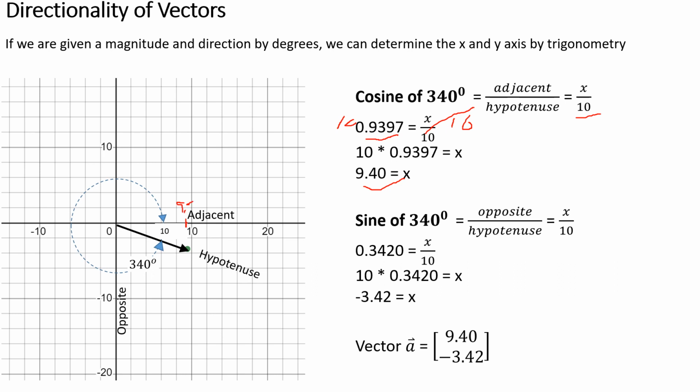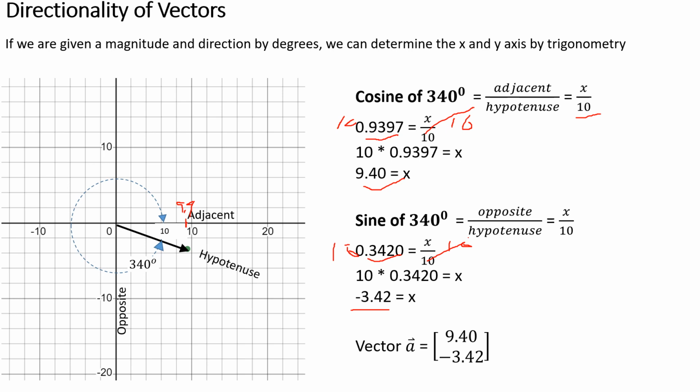We'll do the same thing with the sine, which is opposite over hypotenuse. That's going to be the sine of 340 degrees, negative 0.3420. Multiply both sides by 10 again. That'll cancel out the 10 in the denominator. And that's 10 times negative 0.3420, or negative 3.42. It should be a negative, because the sine of 340 degrees is negative.